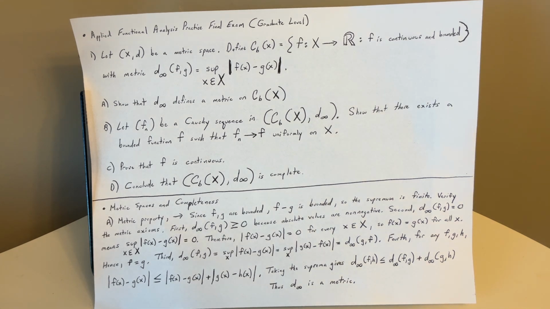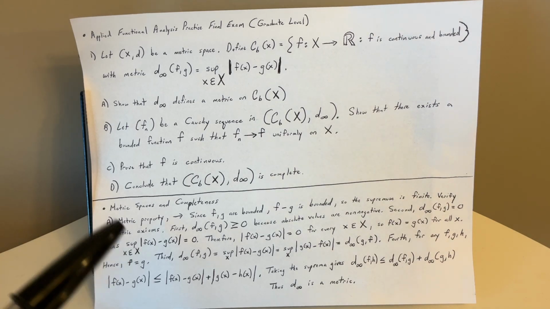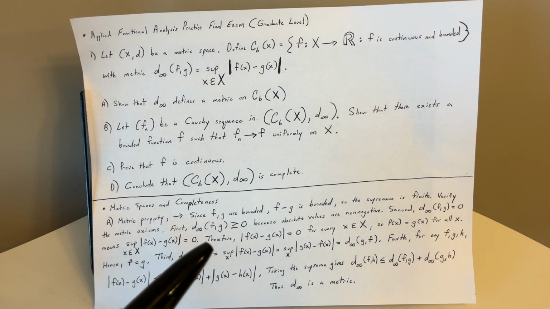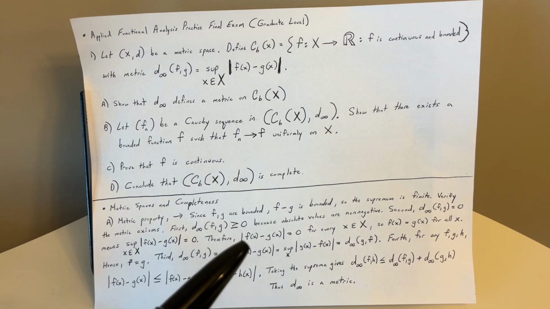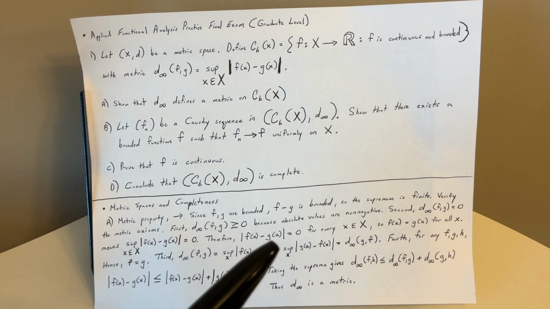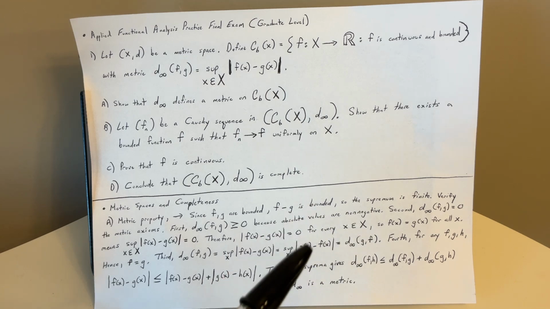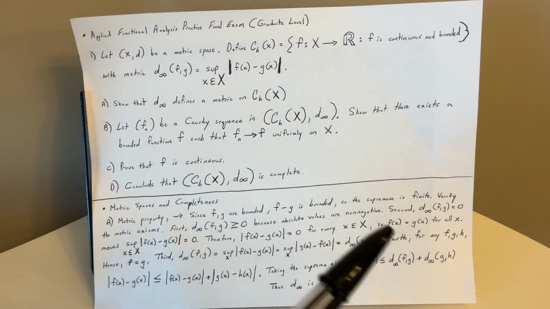Second, d_∞(f, g) equals 0, and that means the supremum of the difference between f(x) and g(x), the largest difference, equals 0. And therefore, the absolute value of f(x) minus g(x) equals 0 for every x in X. So f(x) equals g(x) for all x.